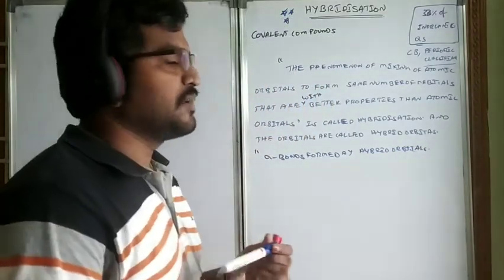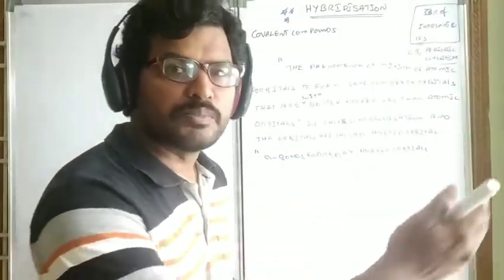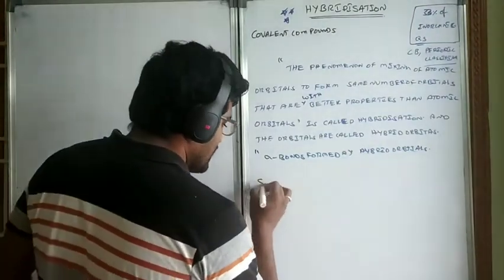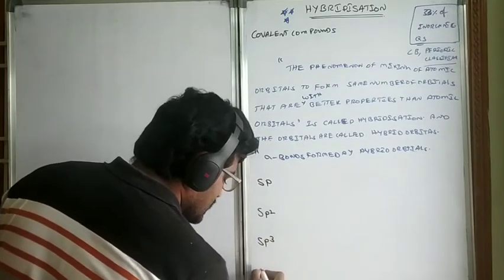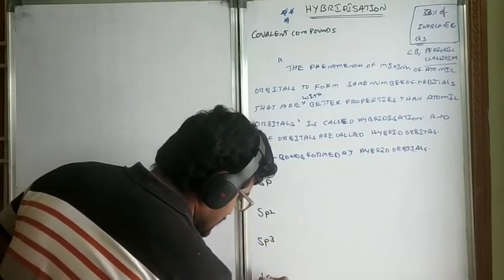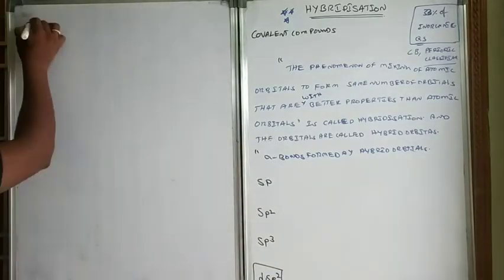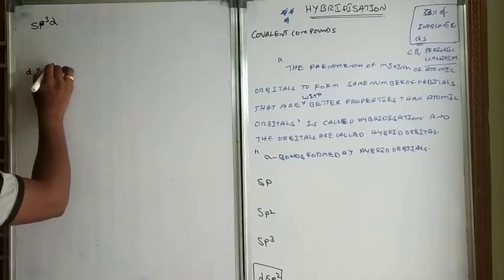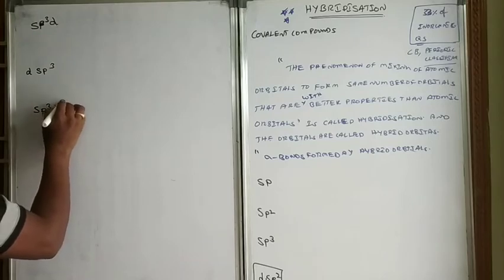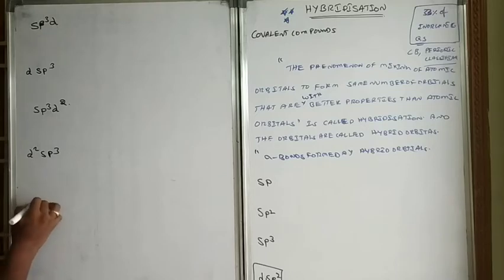Sigma bonds are always formed by the hybrid orbitals. Let us see how many types of hybridizations there are and what their properties are. The different hybridizations are sp, sp2, sp3, dsp2, sp3d, dsp3, sp3d2, d2sp3, and then sp3d3 hybridization.